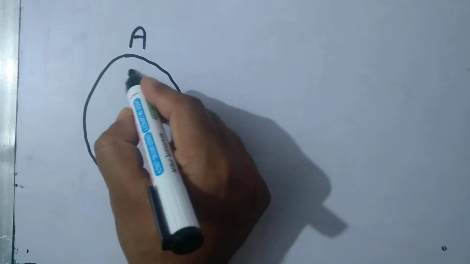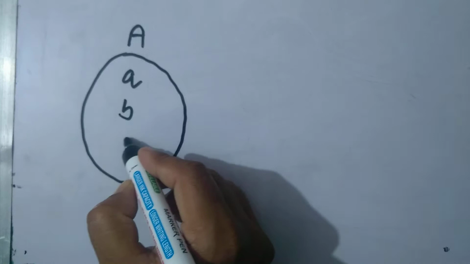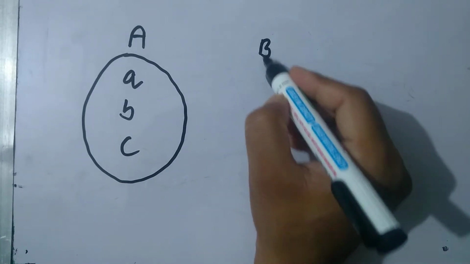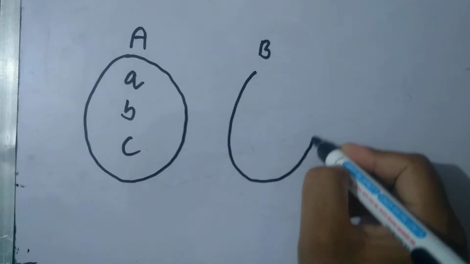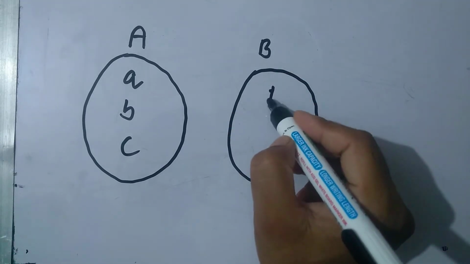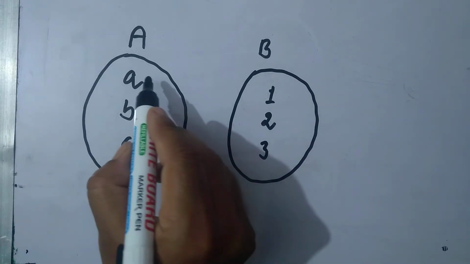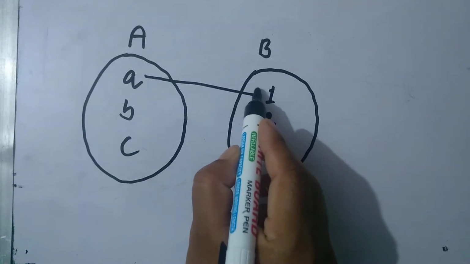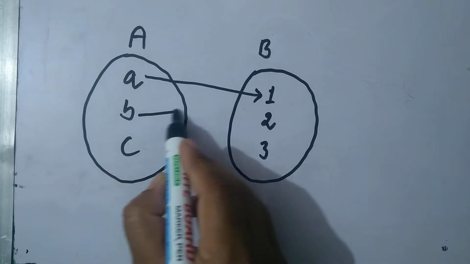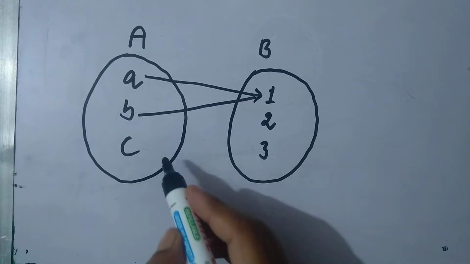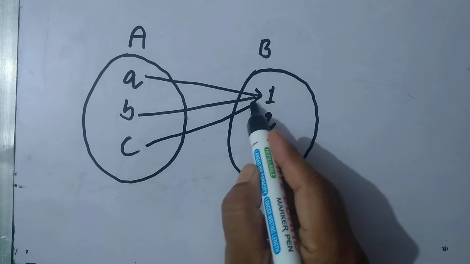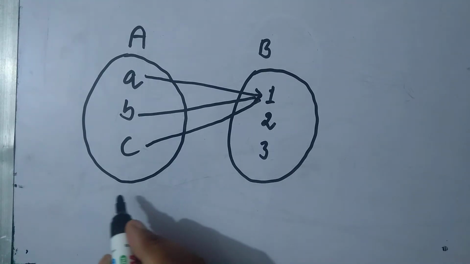Let us consider one more example. Set A having elements A, B, C. Set B having elements 1, 2, 3. So now the image of A is 1. The image of B is also 1. The image of C is also 1. So what do we write here?